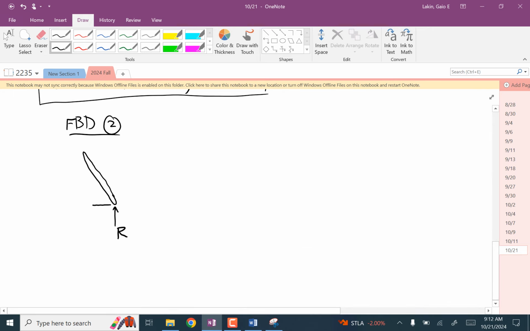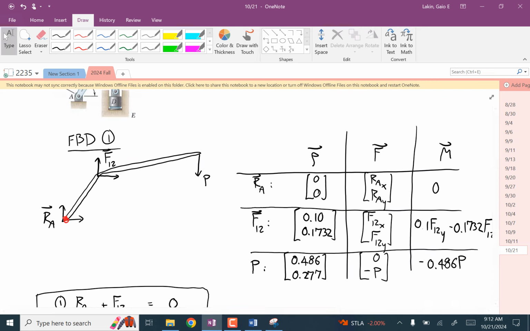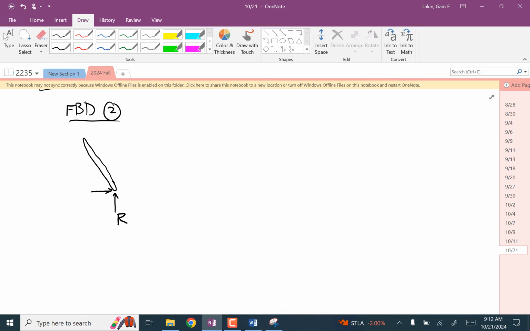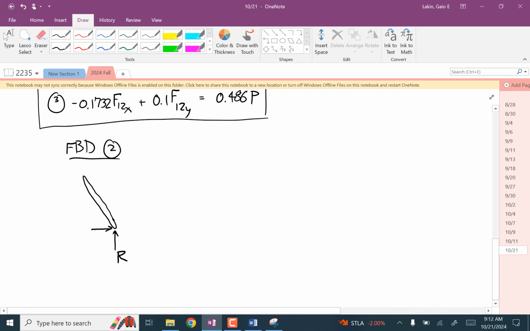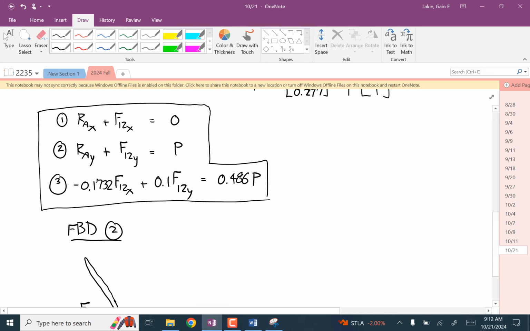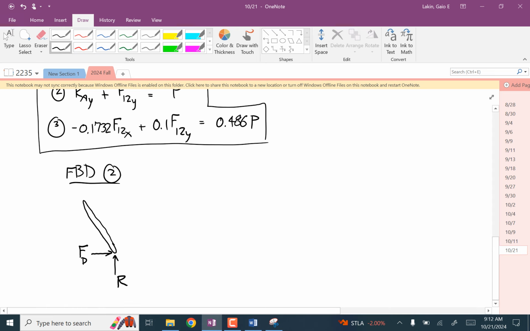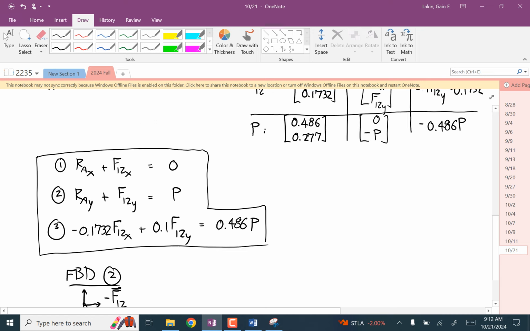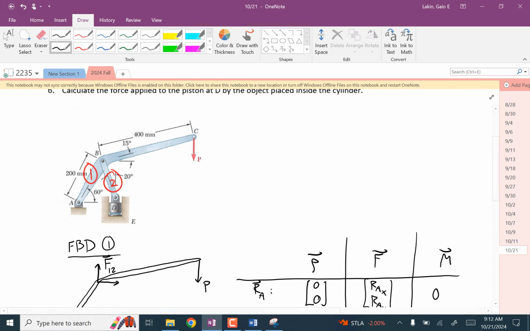And this is, I guess, really thinking of it as like a pin and slot joint, you know. But that's what's going to keep this from moving side to side. So I'll just call that FD maybe. And then we have a force up here, the force on 2 by 1, so negative F12. And this makes an angle of 20 degrees with the vertical.